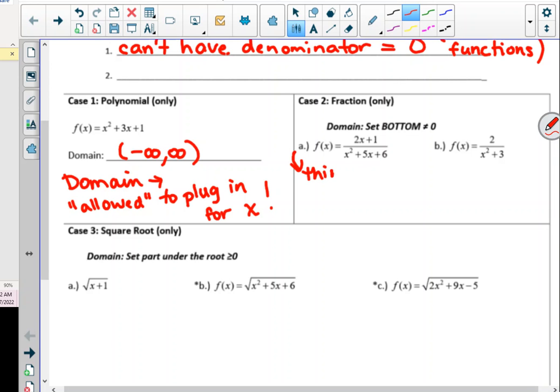So on this one, I have to think about this. What will make that denominator equal to 0? That's the thinking that I have to do to build that domain.